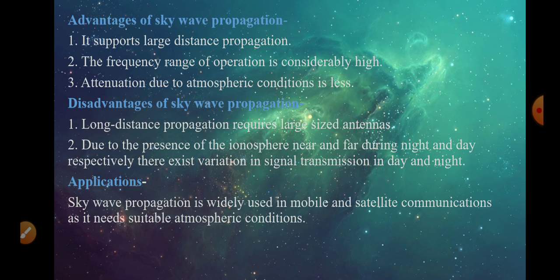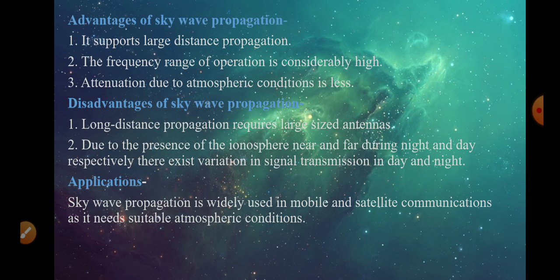So the larger the wavelength, the larger the height of the antenna for good communication. So it is one of the disadvantages that if we are using a high wavelength for long distance propagation, then we need to use a large size antenna.